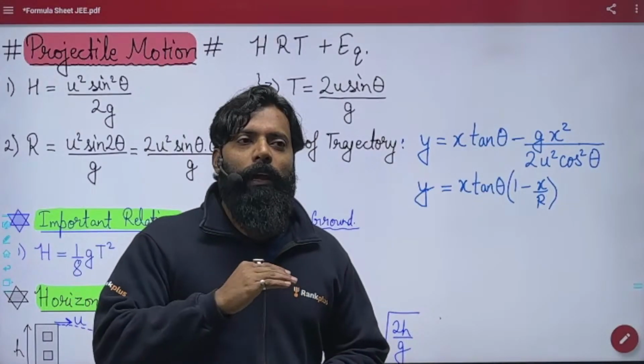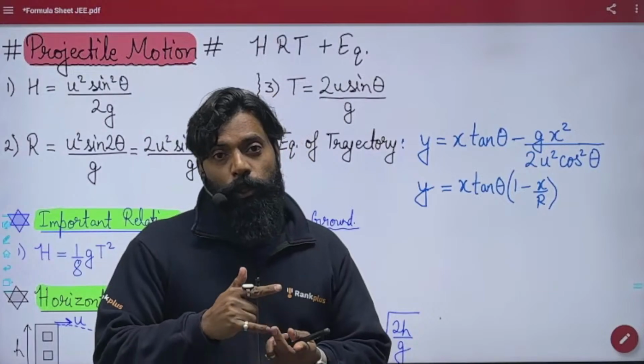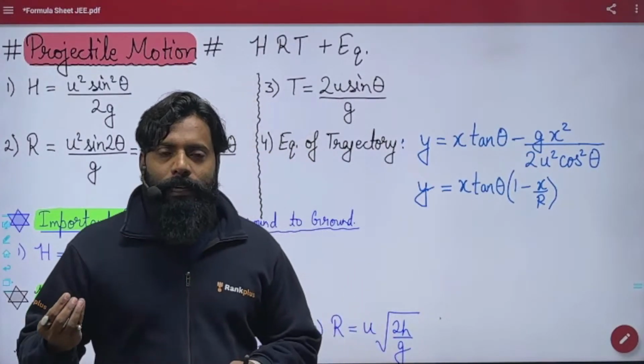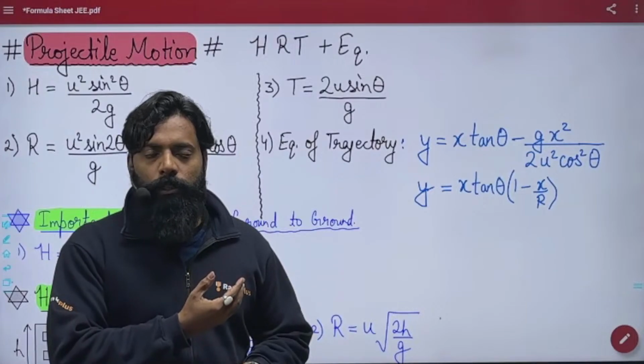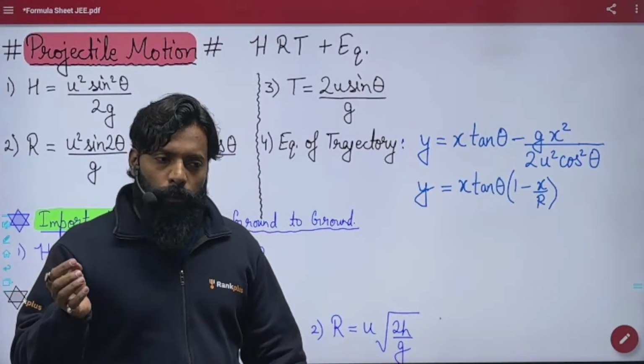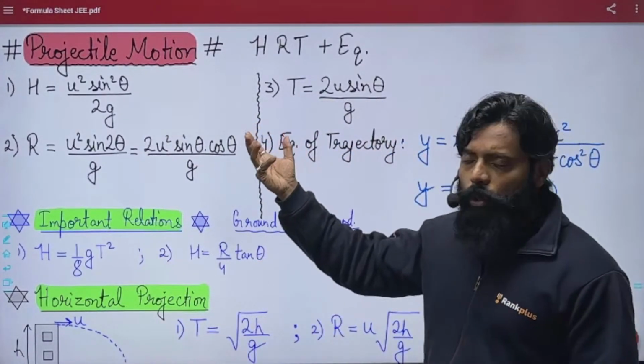You can solve any type of question, be it from JEE Advanced or JEE Main. And if you want to practice projectile motion questions, open your HC Verma book. Questions 33 to 45 are from projectile motion.